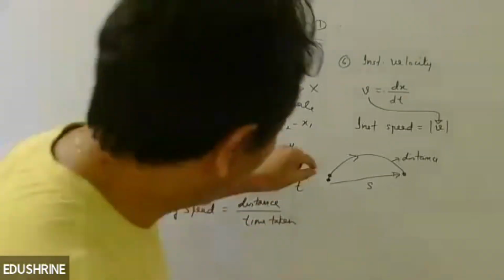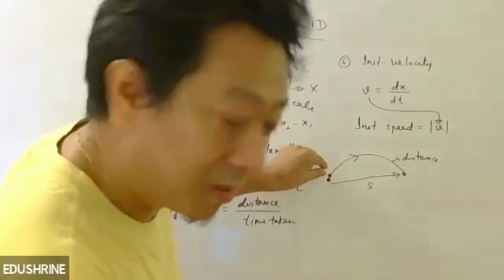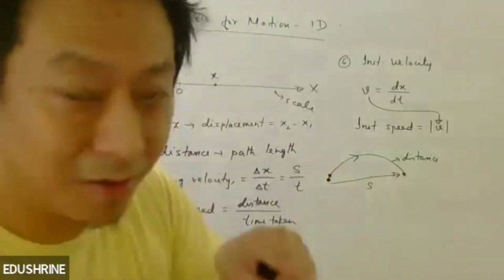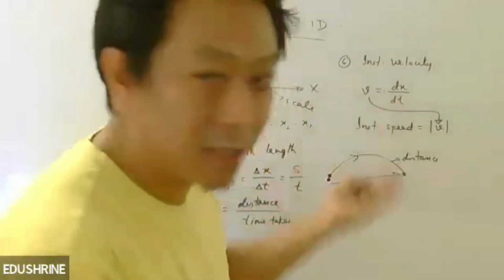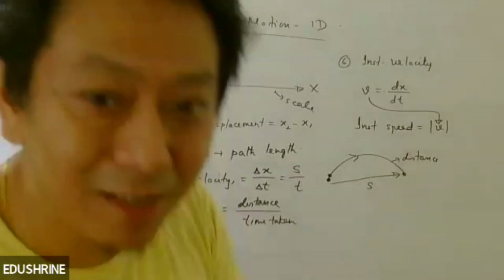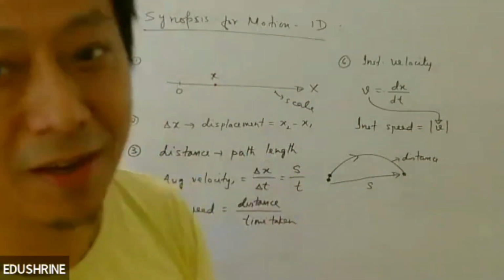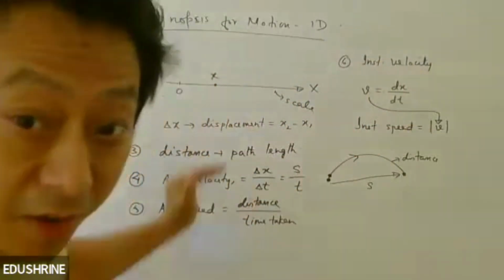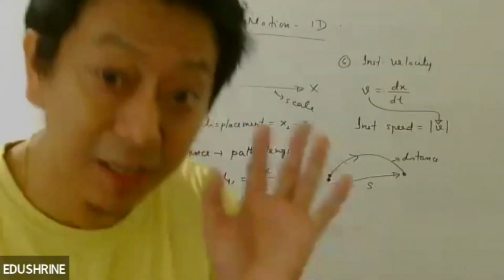So if it is a small interval of time, then this distance and this displacement are the same in magnitude. In that case, velocity and speed will also be the same in magnitude. So if they say instantaneous, they are the same. If they say average, they are not generally the same.